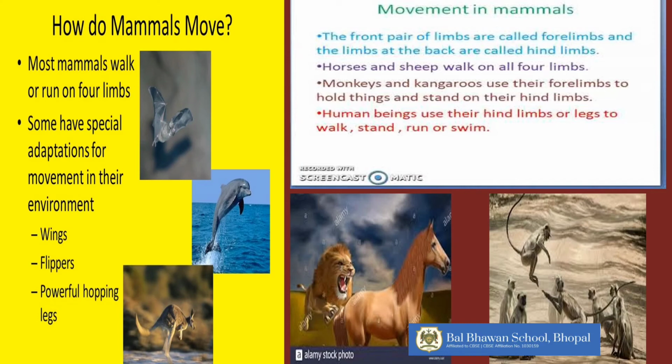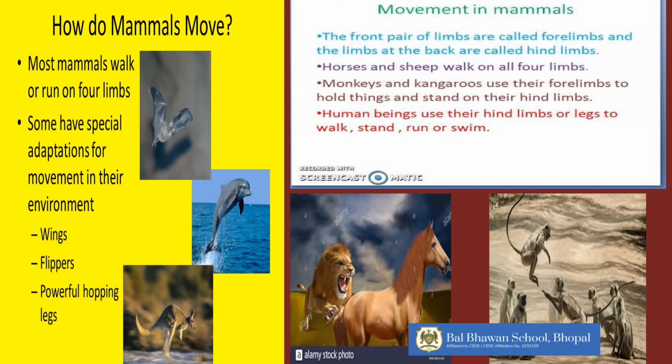Now, as I already just told you, the front pair of limbs are called forelimbs, and the limbs at the back are called hind limbs. When we talk about horses and sheep, they walk on all four limbs.